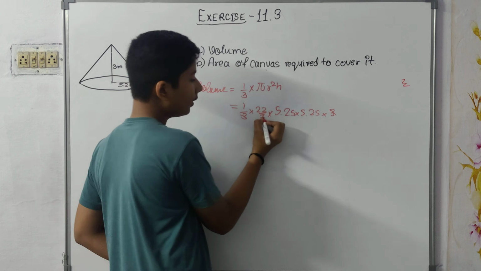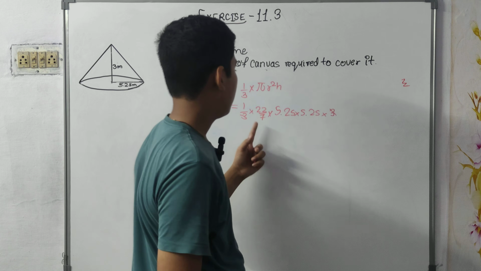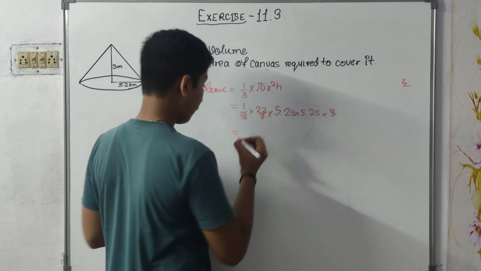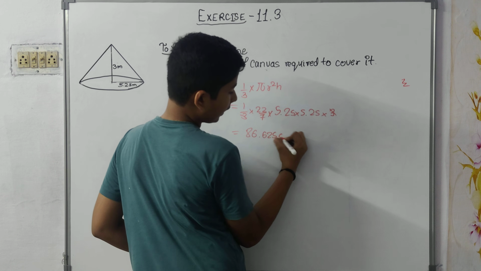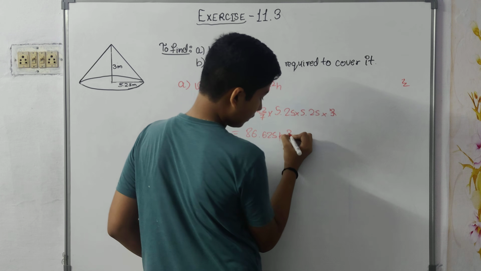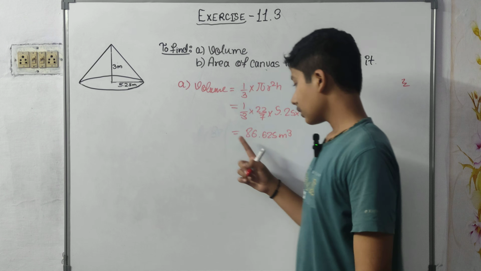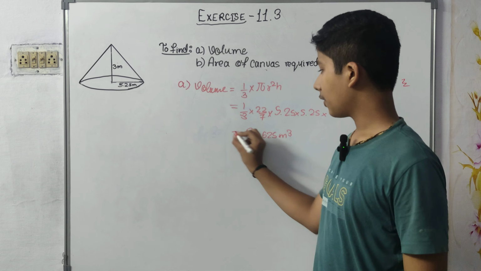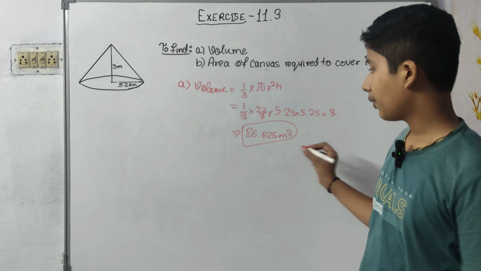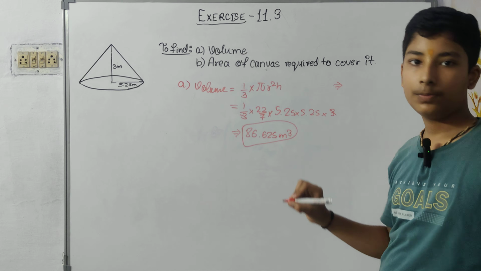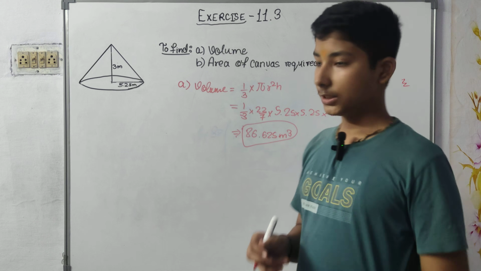So 3 cancelled. When we cancel them we get 86.625 meter cube of volume. Now we have got the volume. This will be the answer of A. You just make this type of arrow, equal to and then arrow. This is used to tell the next step or answer.